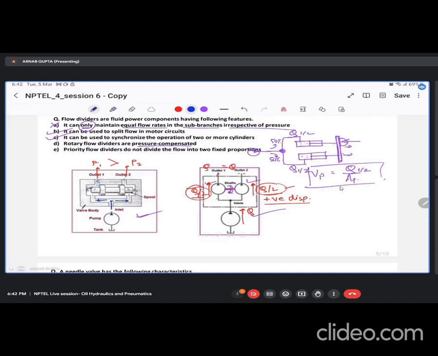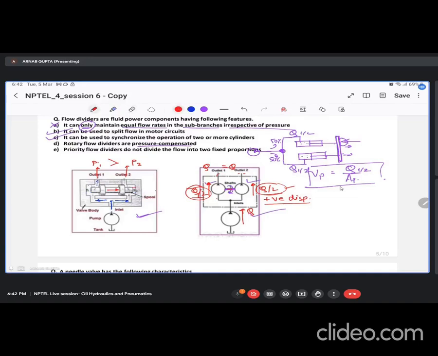So the pressure acts on this particular spool, which is freely floating here, and on the other side the pressure acting on the spool is P2. Since P1 is greater than P2, by general intuition you can say that the spool will be shifted towards the right. What does that mean basically?